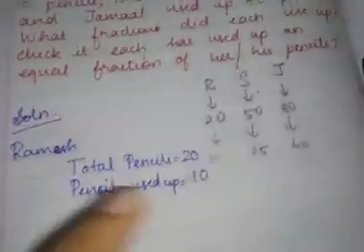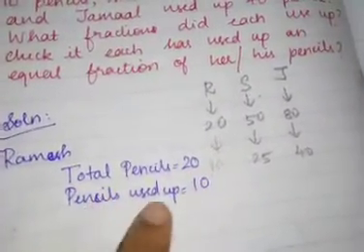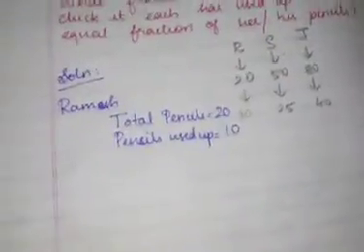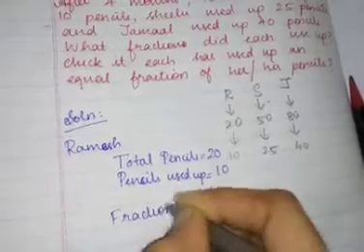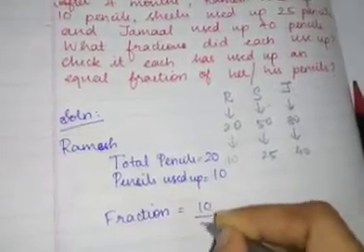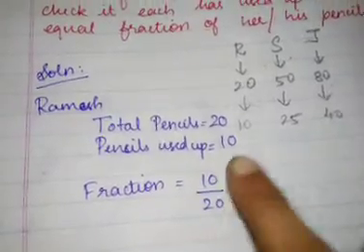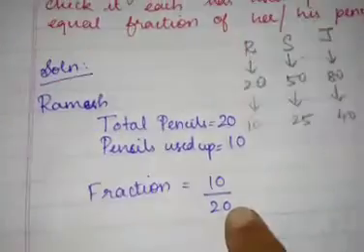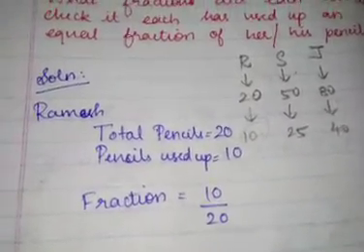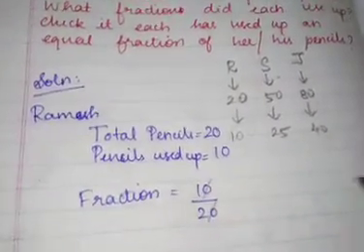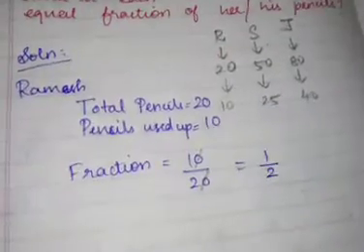So listen, Ramesh had total pencils as 20 and pencils used up is 10. So what is the fraction? 10 divided by 20, because they are asking the fraction used up divided by the total number of pencils, 10 by 20. So what is the simplest form for this? 0, 0 cancel. So 1 by 2 is your simplest form.